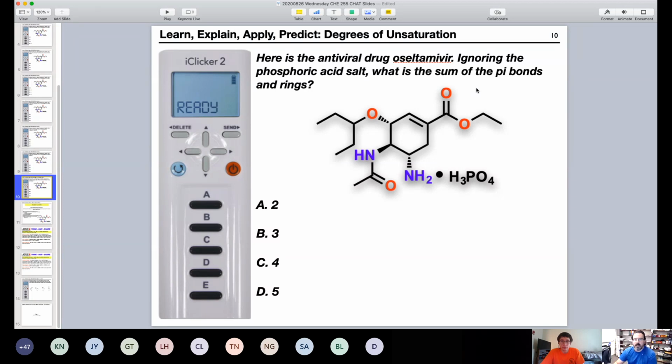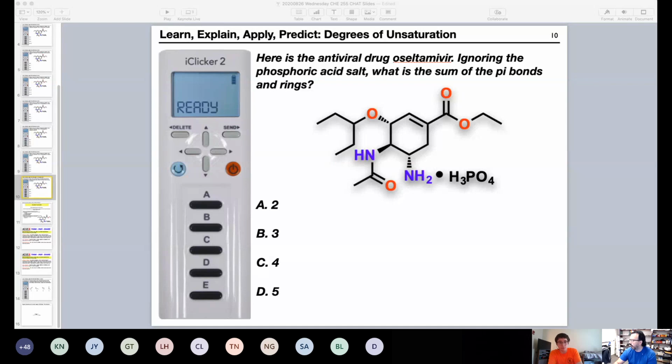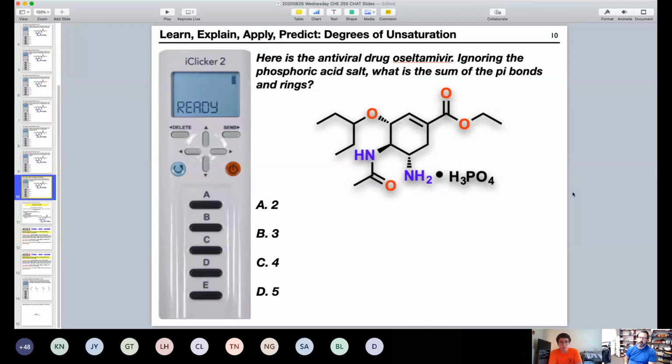So our next question here. Here's Tamiflu, and again, we're ignoring the phosphoric acid salt. Visually inspecting this molecule, what is the sum of the pi bonds and the rings? So the consensus is 4.